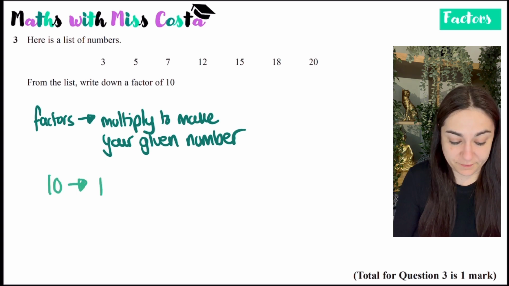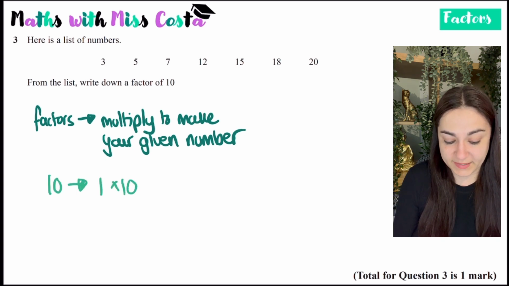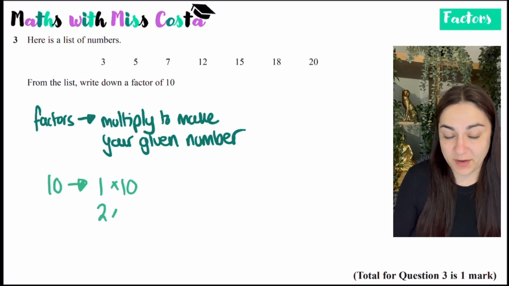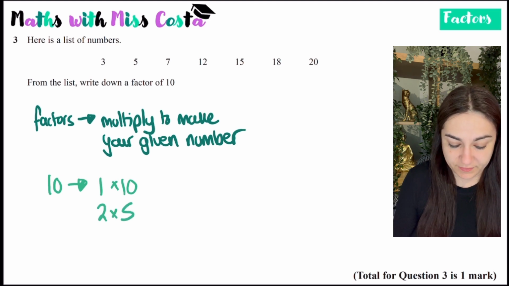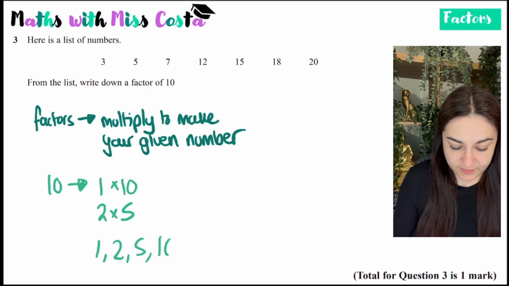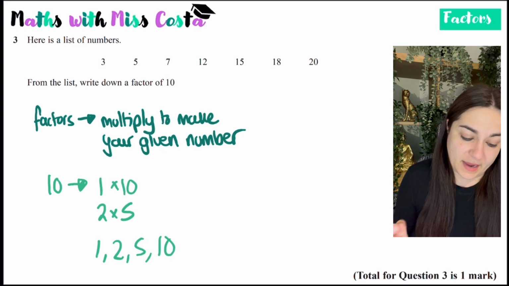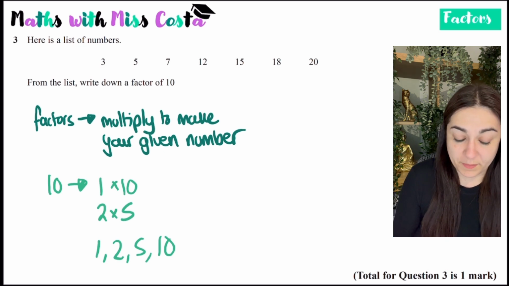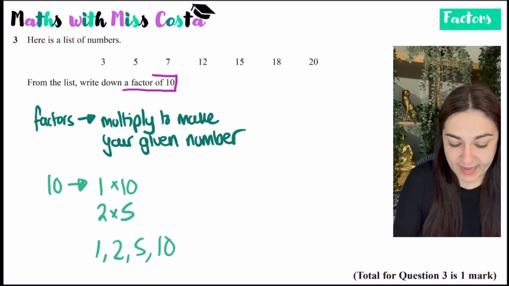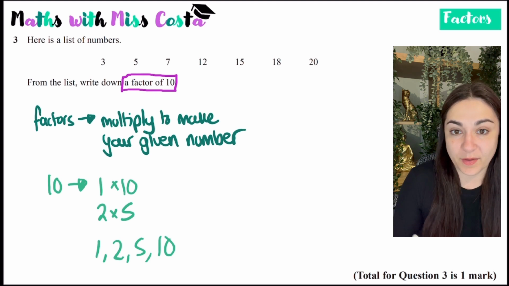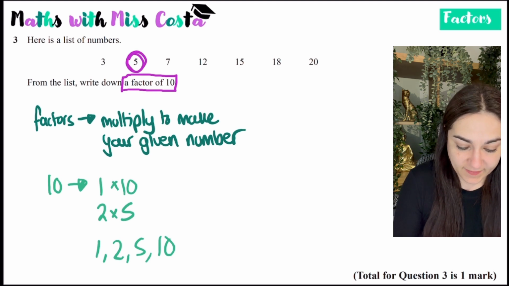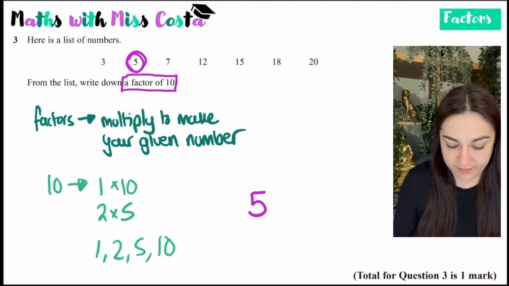So for instance, 1 times 10, so 1 and 10 would be factors, and 2 times 5. I could write them in a list: 1, 2, 5, and 10. But in here, all I'm being asked is to write down a factor of 10. So just any number in this list that multiplies to make 10. And in this case, that would be 5.